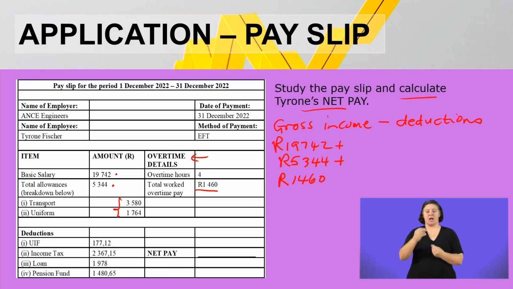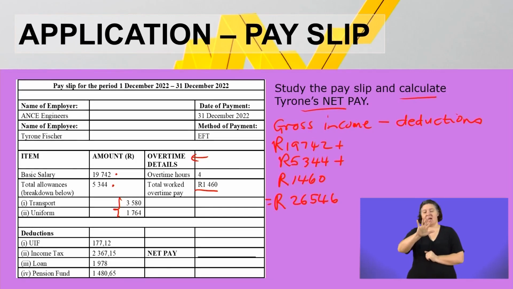So it is 19,742 Rand plus 5,344 Rand plus 1,460 Rand equals, so therefore, his gross income equals 26,546 Rand.